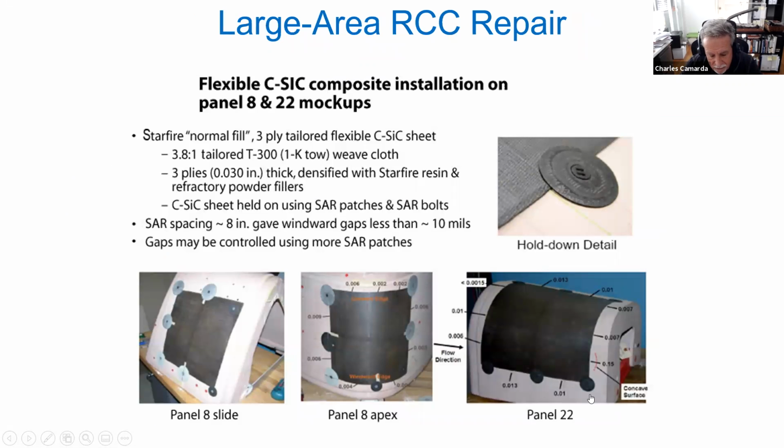So this is another idea we had for the very large area repair. A separate team was working on a flexible sheet of reinforced carbon-carbon. And you could see one of the techniques for securing this sheet is using some of the plug ideas that we had already developed.